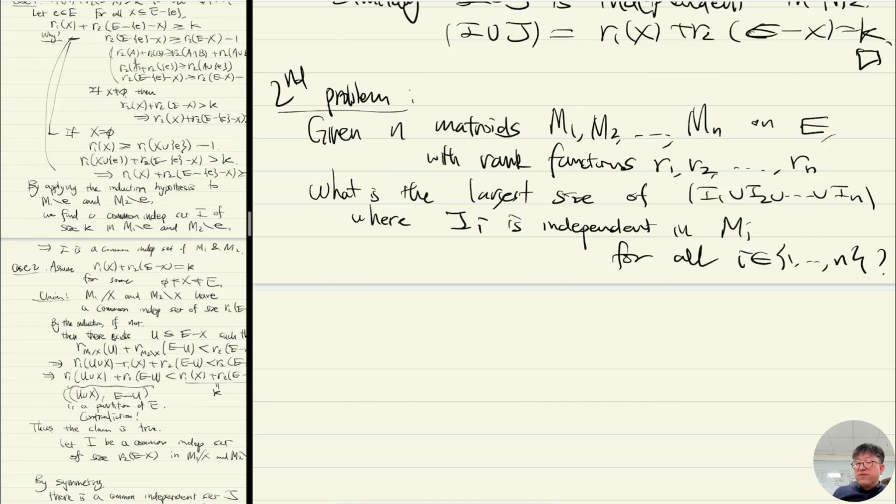How do we find the maximum size of the union of the independent sets in many matroids?